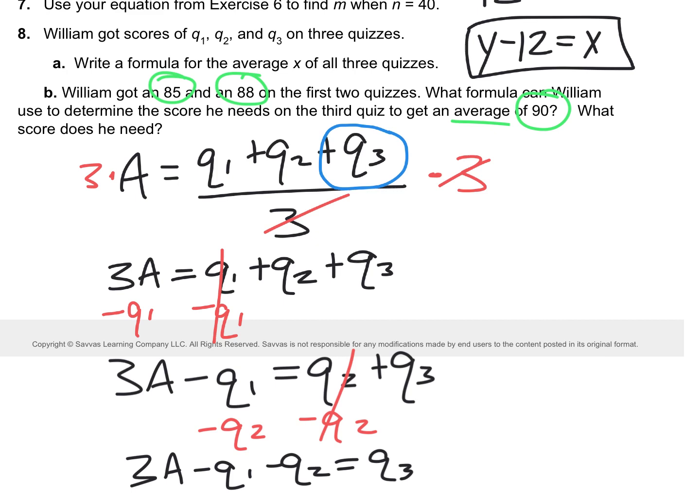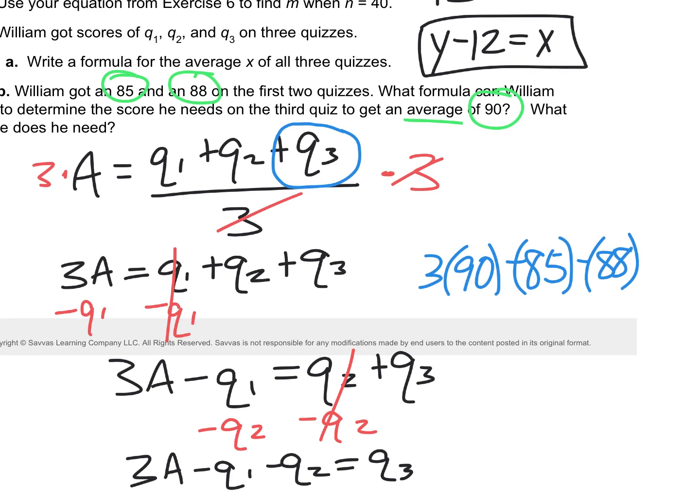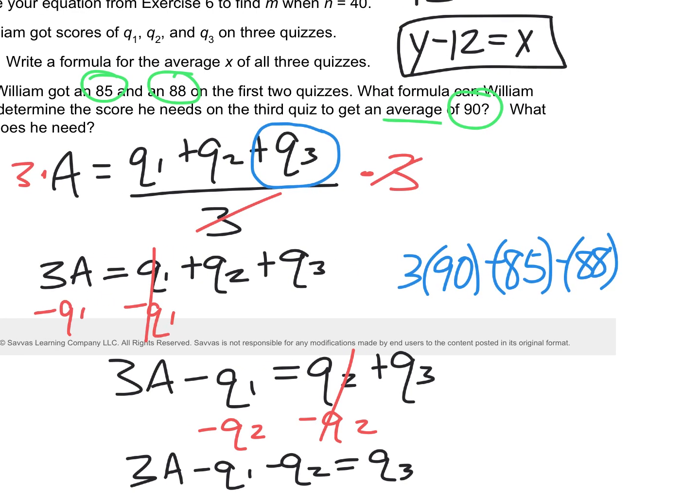So now I have 3 times the average, which is 90, minus Q1, which was 85, minus Q2, which is 88, and that's going to equal what I'm looking for in this case, which is Q3. So now I just type all that in on my calculator, and if I do that, then I'm going to get 97 equals Q3.